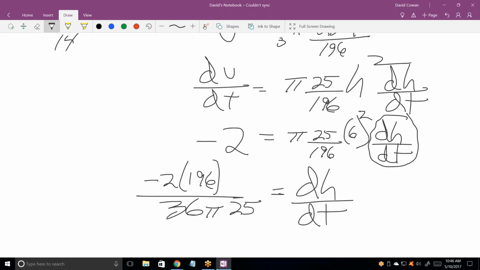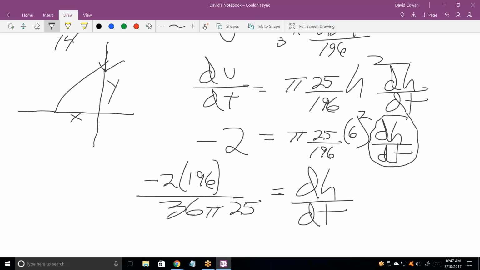That makes sense. Just like here, if we look at the ladder problem, it's really a great illustration of what the signs should be. This ladder is slipping this way, so that's why dy/dt is negative. But dx/dt is positive because it's increasing.